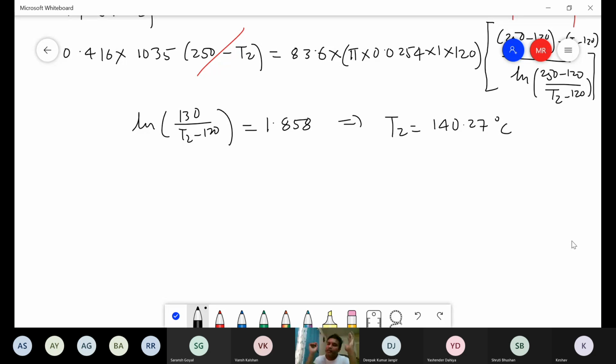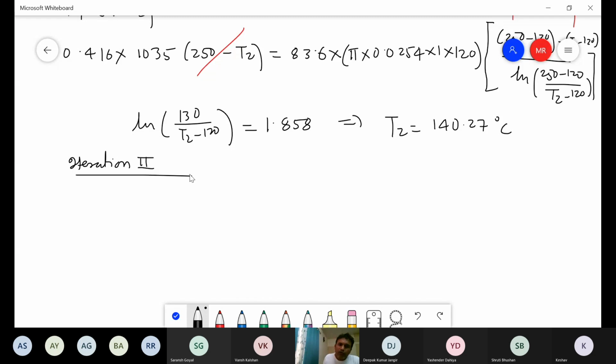But remember, when we started solving this particular problem, we assumed that T2 is also 250. That is why we used the average temperature as 250 and found the properties at that temperature. That means our starting assumption was not correct, and therefore we have to go for a second iteration.